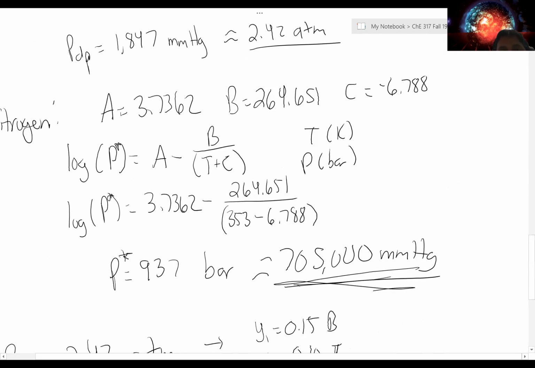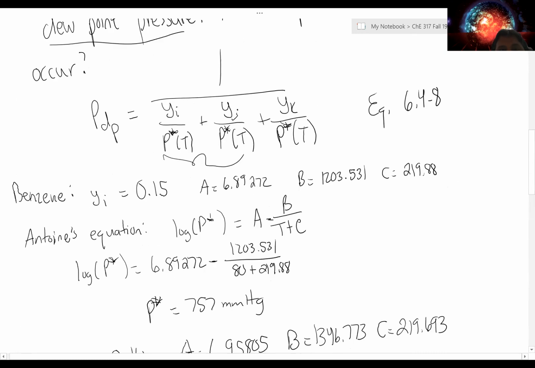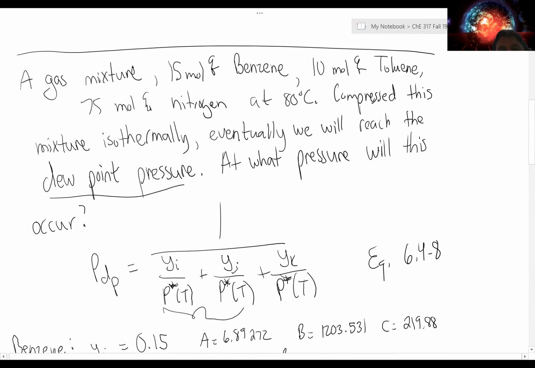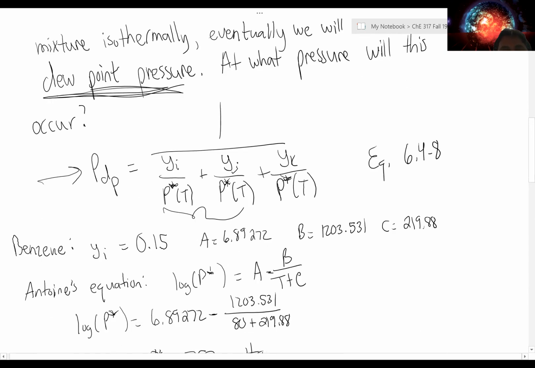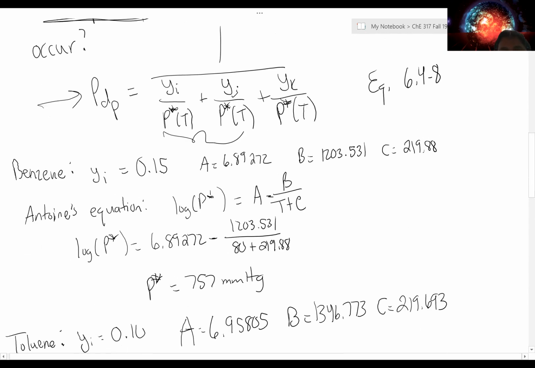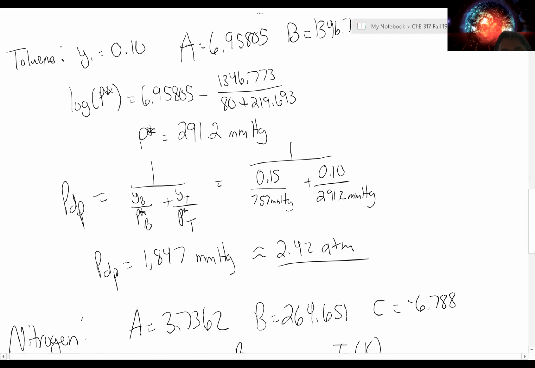And so to quickly recap, with this mixture, benzene, toluene, and nitrogen, I looked at estimating the dew point pressure of the mixture based on this expression. I had to calculate the vapor pressure of each of my components, and with that, I was able to estimate the dew point pressure.